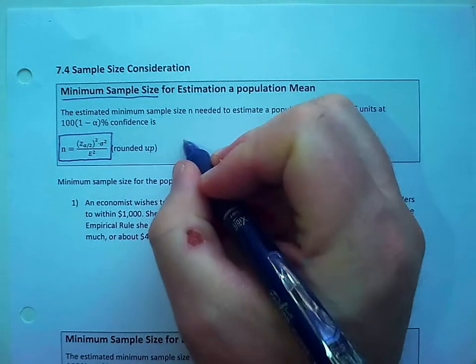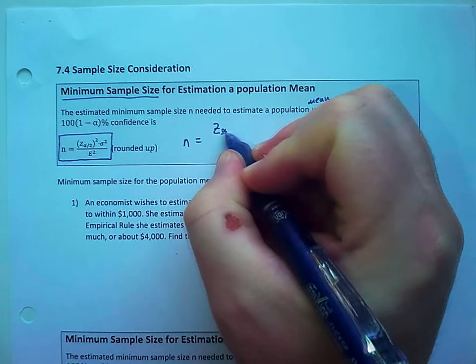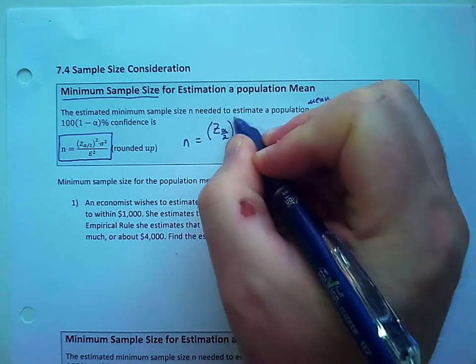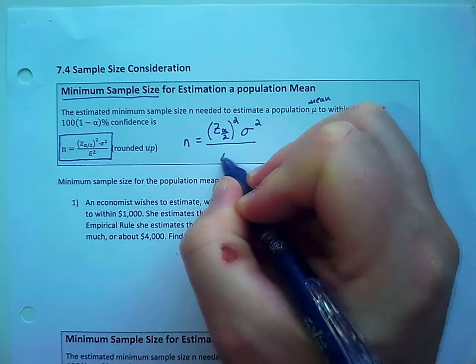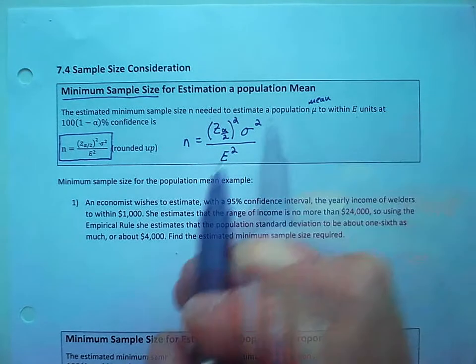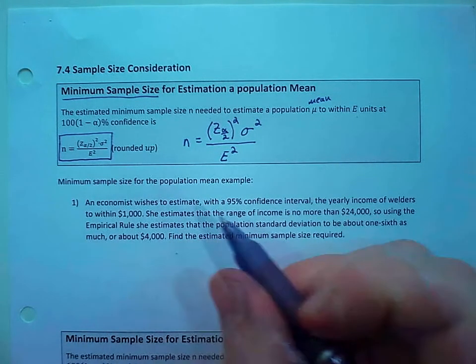Now, keep in mind the way this formula is written. We have z sub alpha divided by 2, so I'm really just copying this formula over here one more time. What I just wrote down is really nothing different than what we have right here.